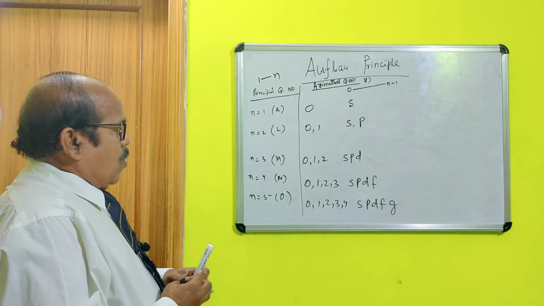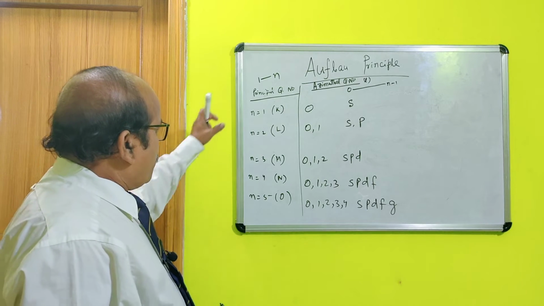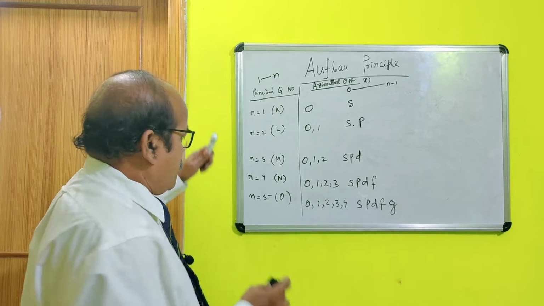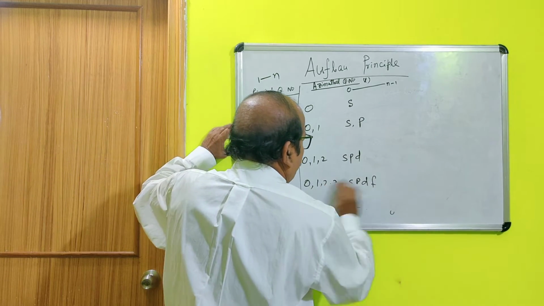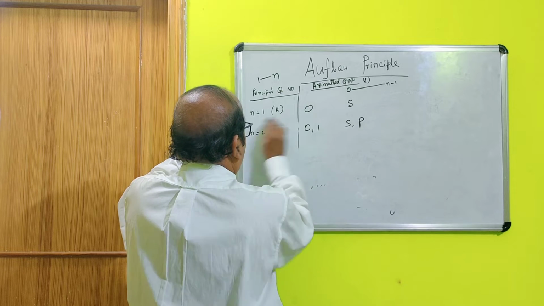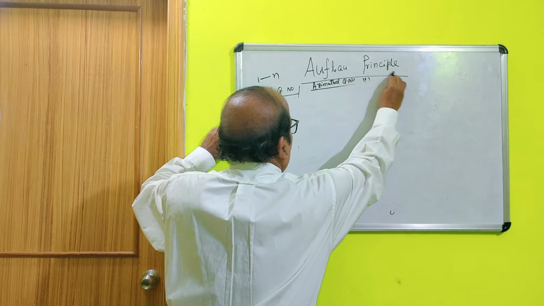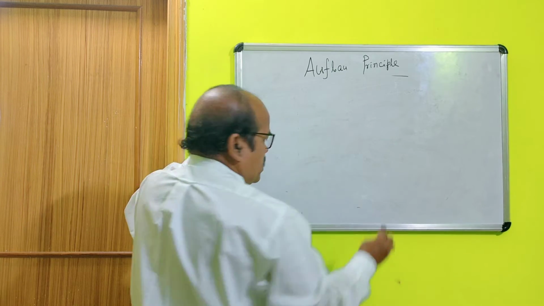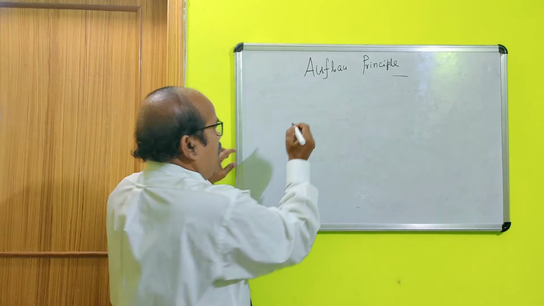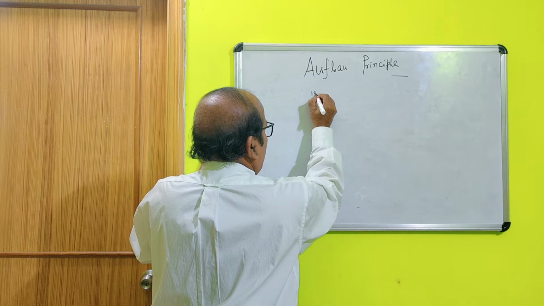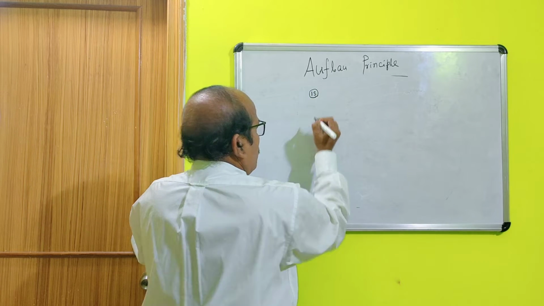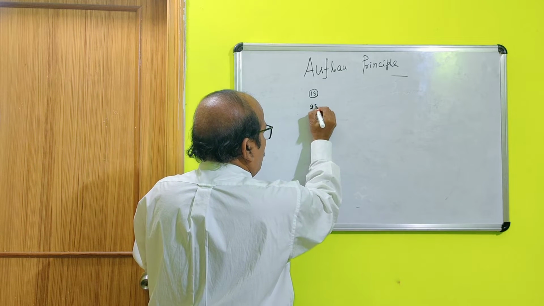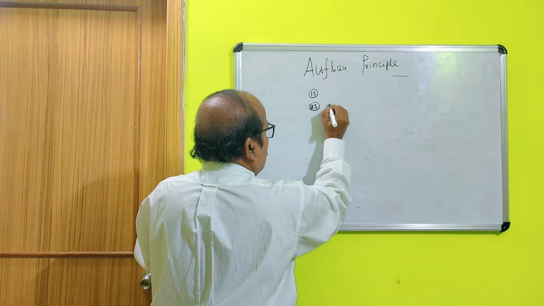Now, I shall tell you where the electron will go. In the first cell, where it will go, in the second cell, like that, how it will be filled up. For cell number 1, we have one subcell, 1s. For cell number 2, we have two subcells, 2s, 2p.